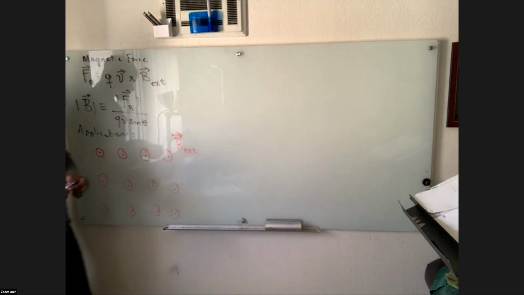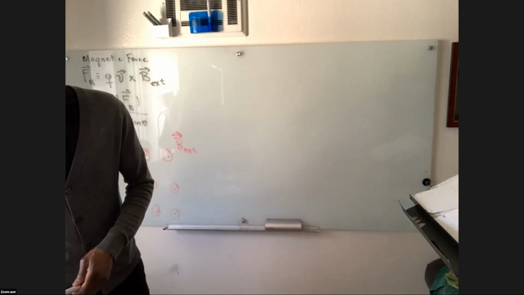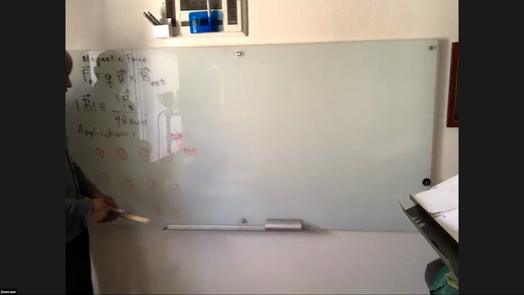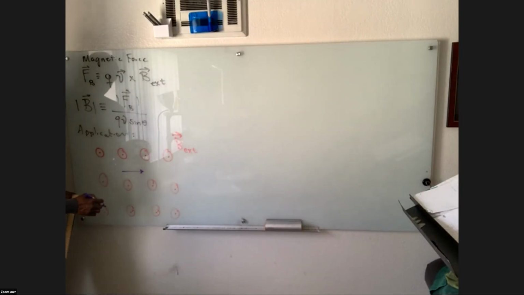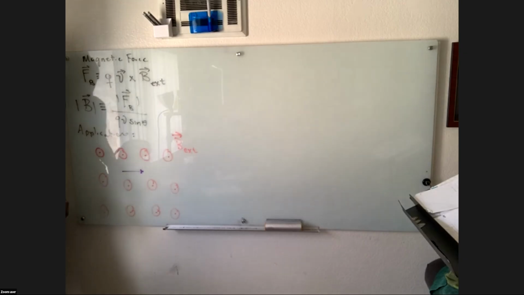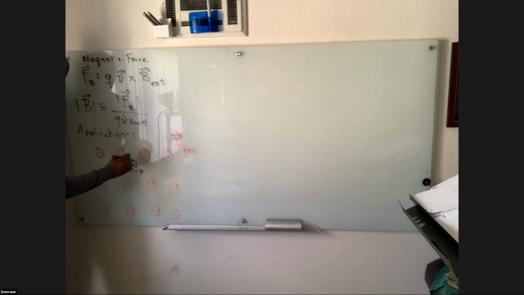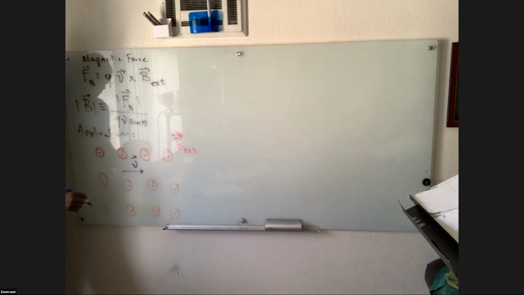And let's say that the direction of the velocity, as I said, is to the right. So that's a velocity vector that defines the velocity of that particle at this particular point.